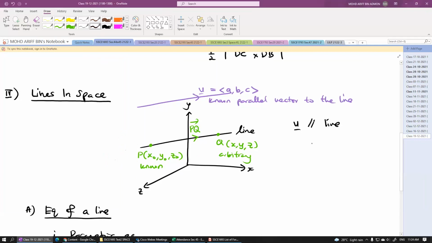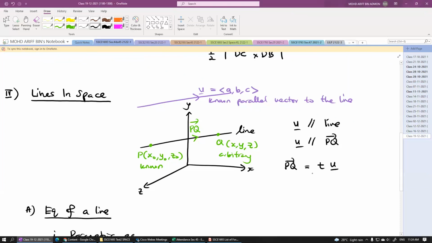So we know that u is parallel to PQ. If we want to write the equation from this parallel relation, PQ equals, let's say, any parameter t multiplied by our u.